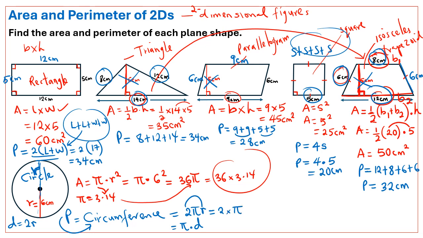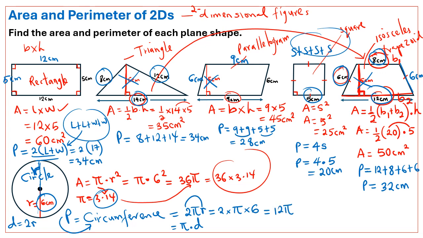If we want, we can use 3.14, but sometimes you can leave your answer in pi. It's better to simplify in pi. The radius is 6, so I'm going to plug in 6 for the radius because it's right here. Okay, and your final result for the circumference of the circle will be 12 pi.